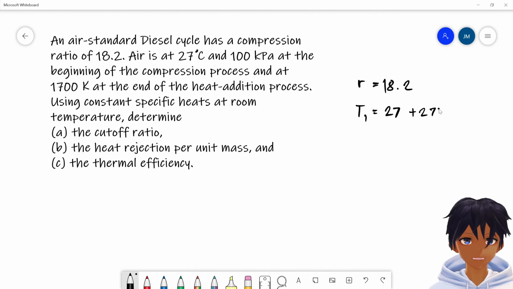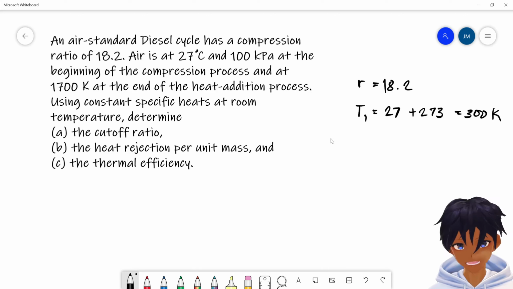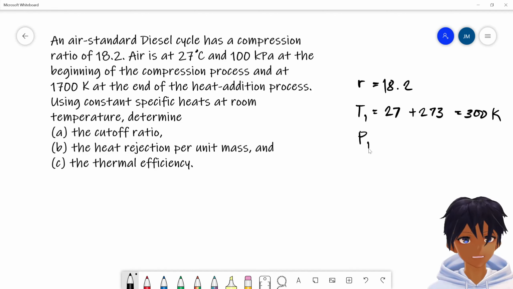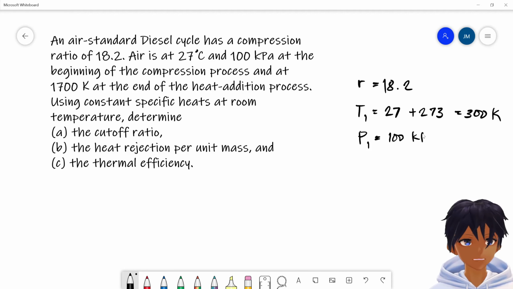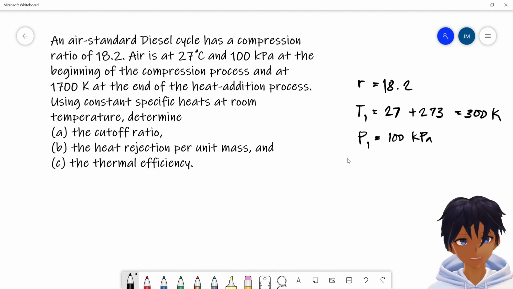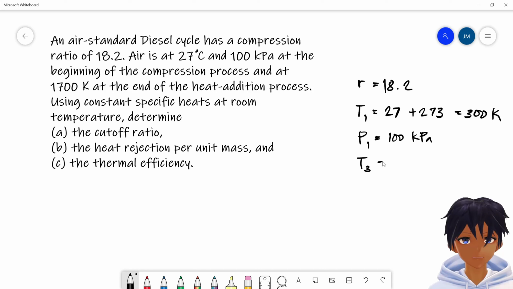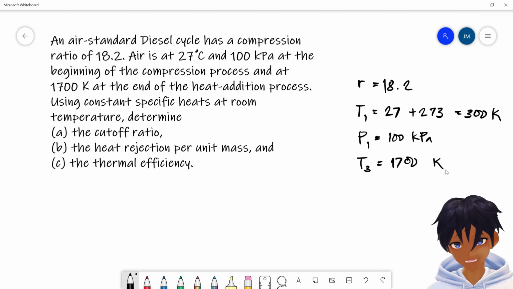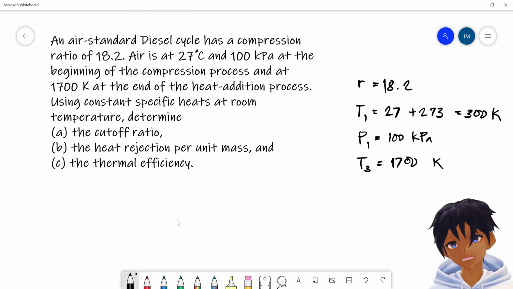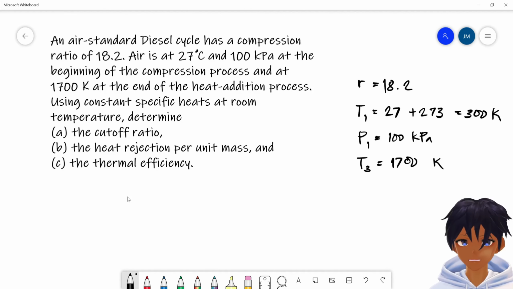So converting it to Kelvin right away, this is 300 Kelvin. And pressure 1 as 100 kilopascal. And temperature 3, 1700 Kelvin.